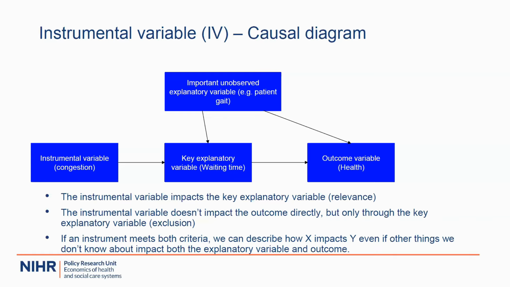In that specific context, we use, as I say, an instrumental variable approach. It actually requires two equations instead of one, but the idea is that we use the instrument congestion to predict how long a patient will wait, and then we further use that prediction of waiting time to understand the outcome. And by doing that, we get closer to this idea that we're aiming at in all cases of a causal relationship.